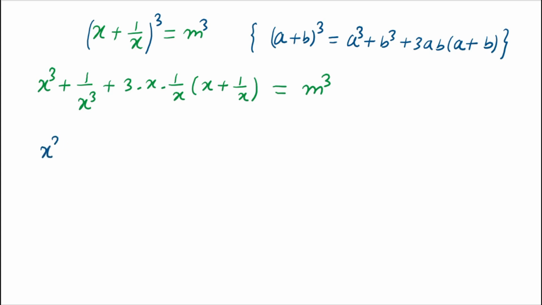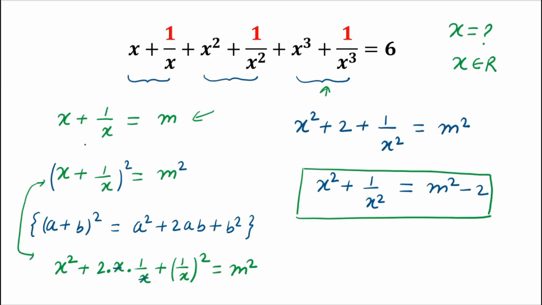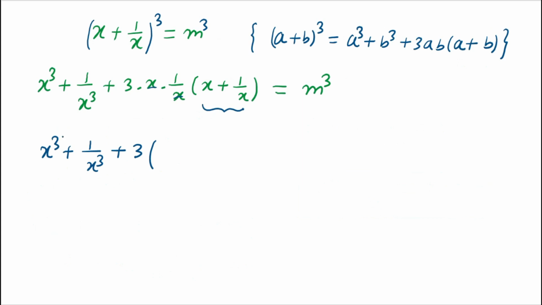Now here x power 3 plus 1 over x power 3 plus, this x and this x cancel out, then here 3, and here x plus 1 over x. We know that the value of x plus 1 over x is m, so this expression is replaced by m, and this is equal to m power 3.